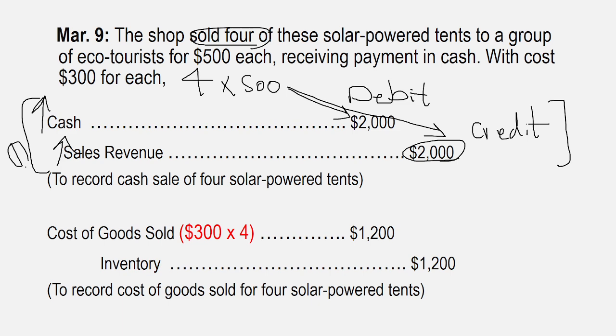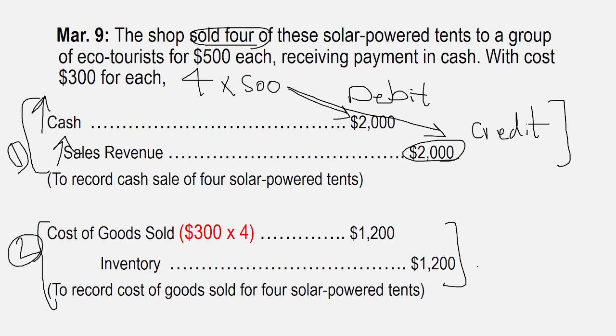And in level 2, to record the cost of sales, we need to use these structures. In level 2, Adventure Travel Gear debits the cost of goods sold for 1,200 to represent the expense incurred in the selling of 4 tents.